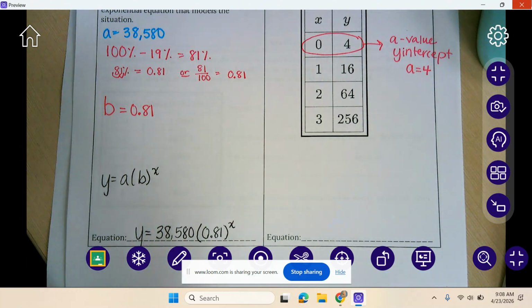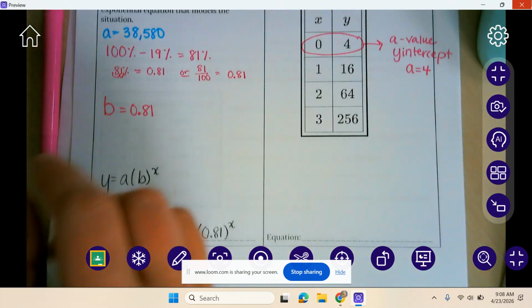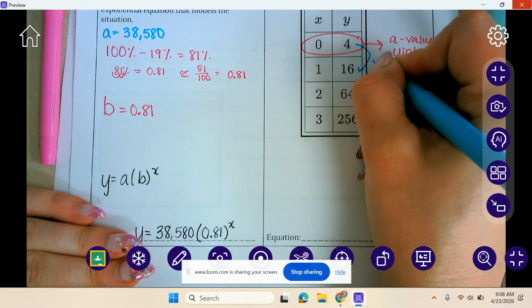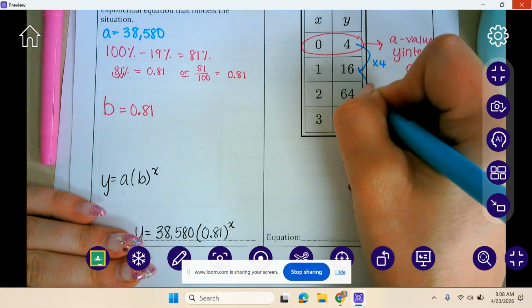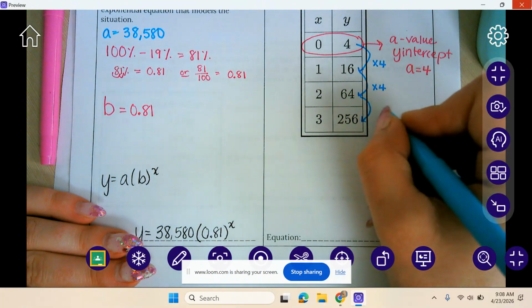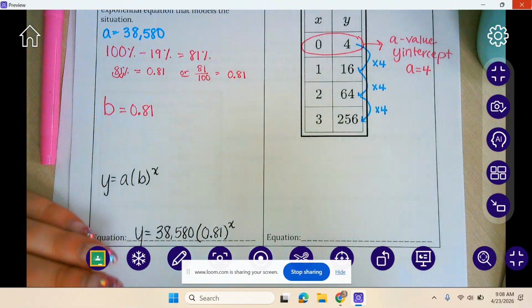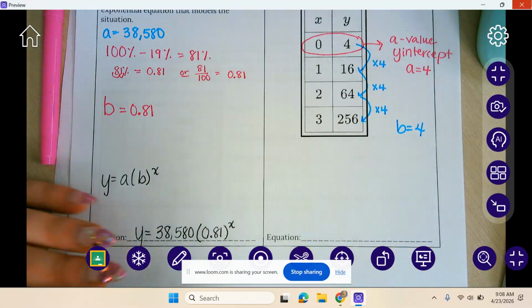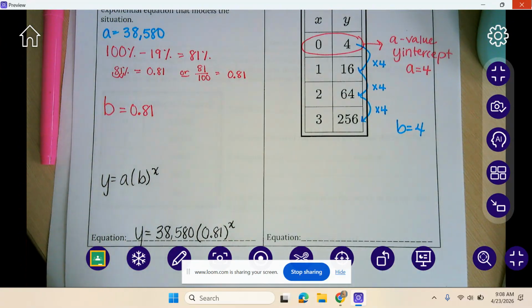Okay, and our B value is a number you multiply by every time. So if I go from 4 to 16, I multiply by 4. 16 to 64, multiply by 4. 64 to 256, I multiply by 4. So my B value is also 4. Any questions on how I got A or B?